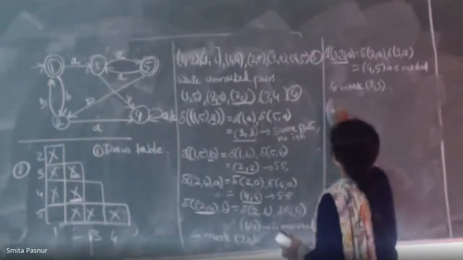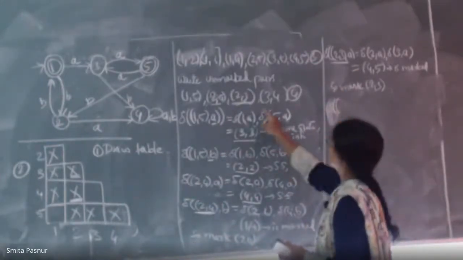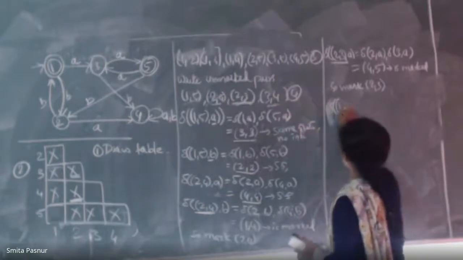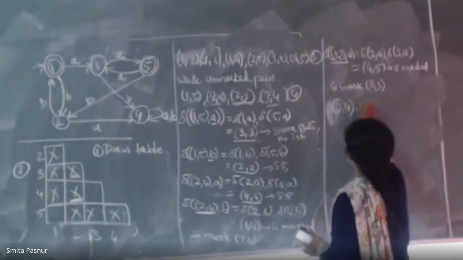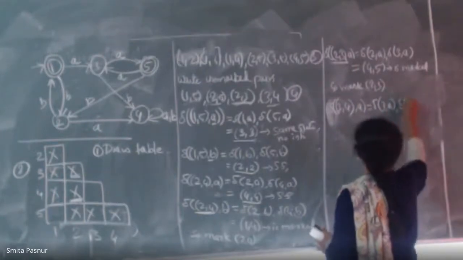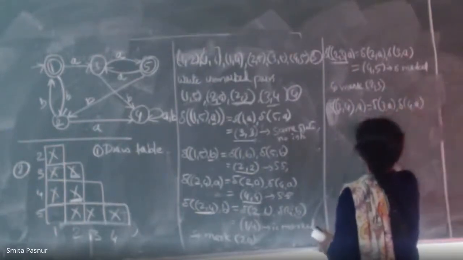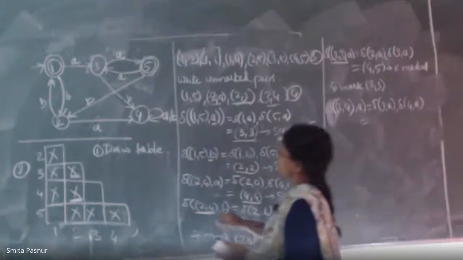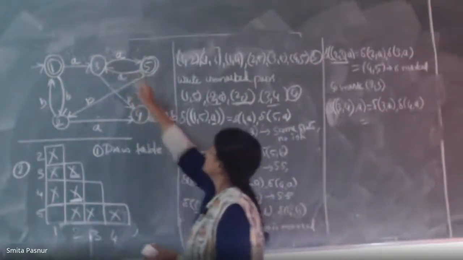So next, I am going to see the next pair, that is 3 comma 4 on A. So it is 3 on A and 4 on A. So what is 3 on A? It is 5.